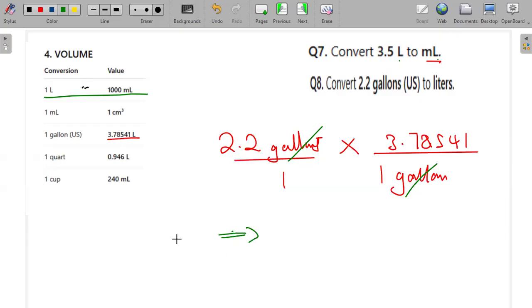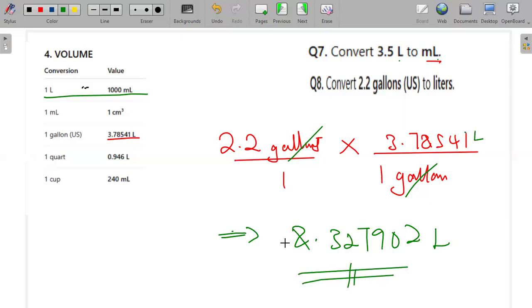So the answer that I get there will be 2.2 multiplied by 3.78541. Okay, so when I do that, what do I get? That one gives me 8.327902, and this one will just be in what? In liters. So this was liters, right? Yeah, so this is liters. So actually, confirm the answers that I'm finding here. Try to punch them on your calculator as well to see if you're going to find the same answers.